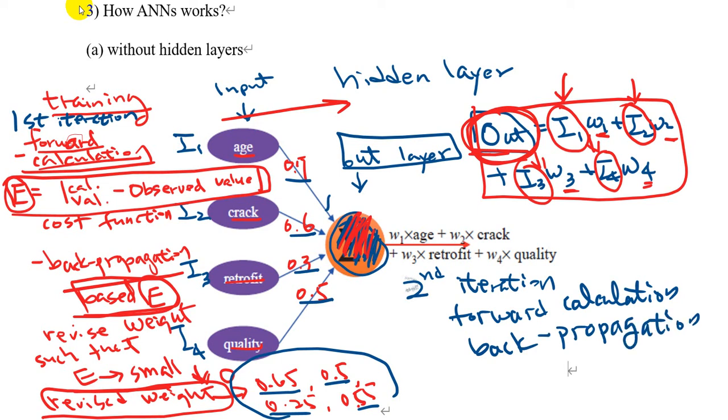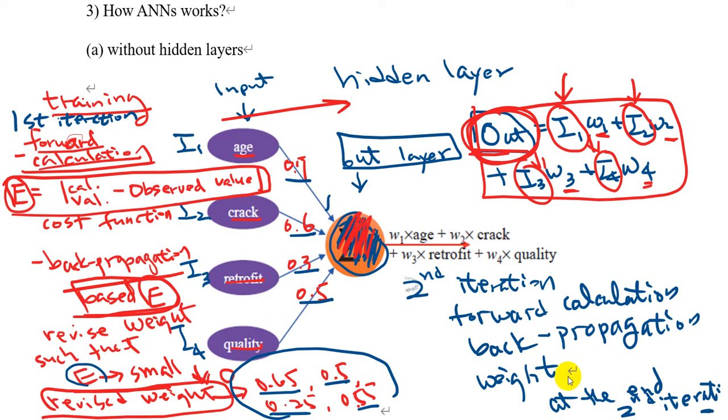Then you're going to derive maybe another set of weights at the end of the second iteration. Okay, then see if you can reduce your error to 0 here again. Okay, error functions, see error functions.